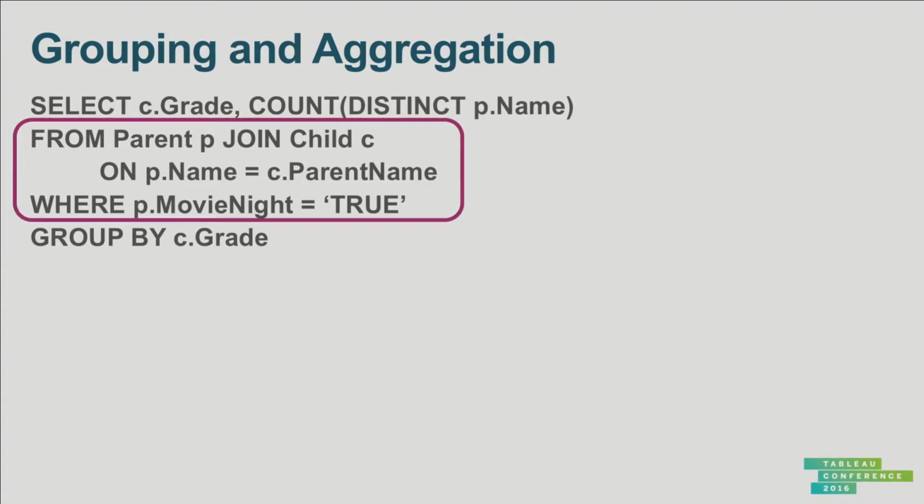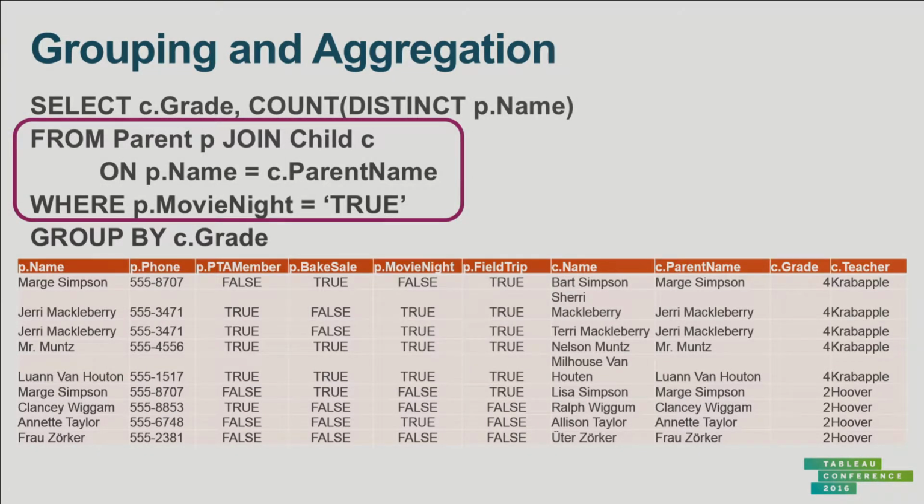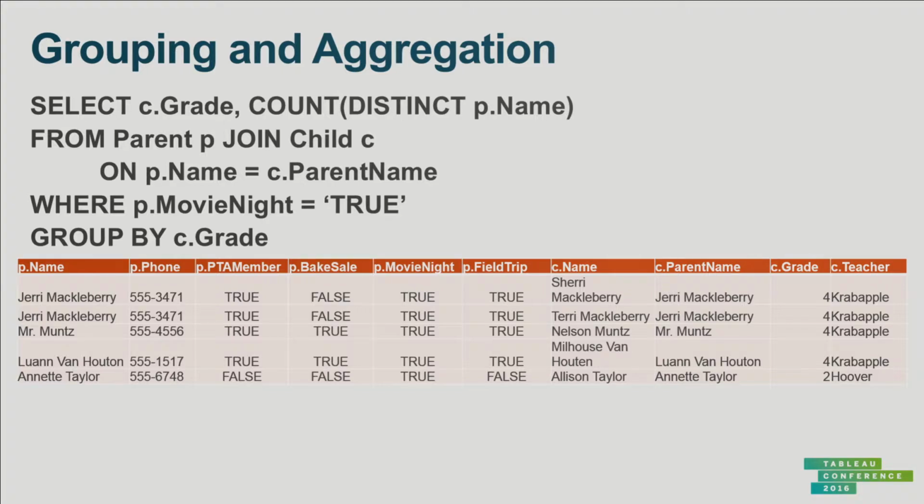All right, so that middle part, like I said, very comfortable. We're going to create that intermediate table by matching up all the children and parents. We're going to filter out all the ones where movie night was false, keeping only the movie night equals true, and we're left with this state of affairs. Now, the next thing here is I say, well, I'm going to start grouping.